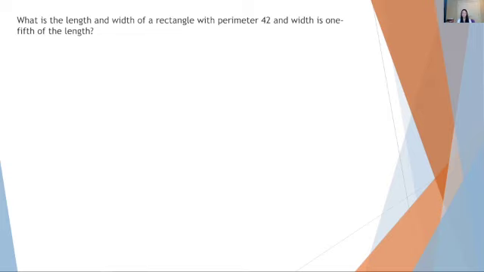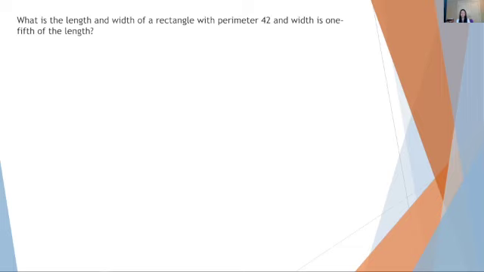Here's another similar question. I'm also going to give you guys a minute to try and solve this. Okay, so a minute has passed.